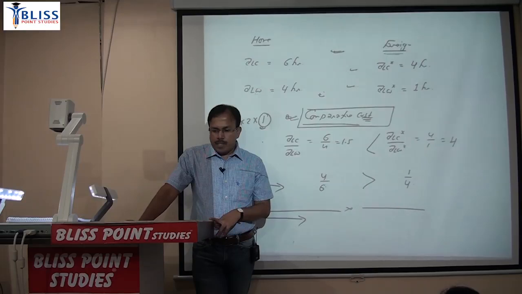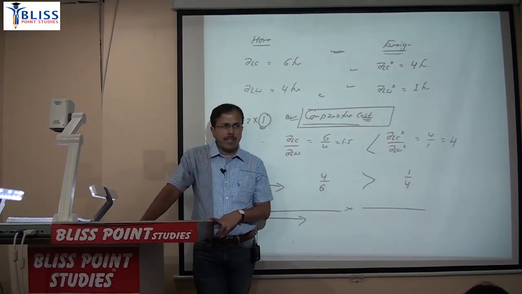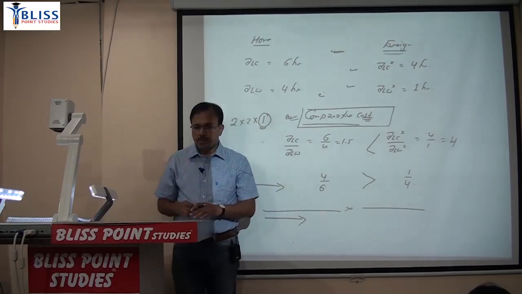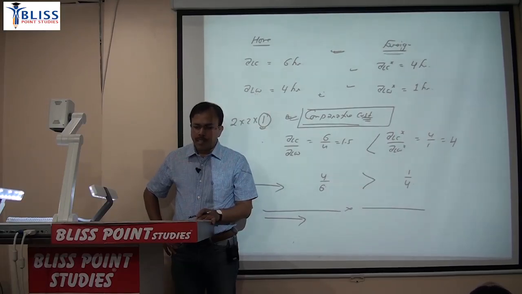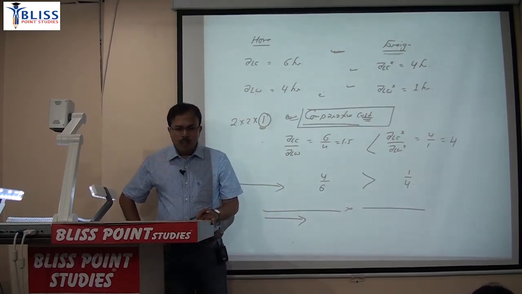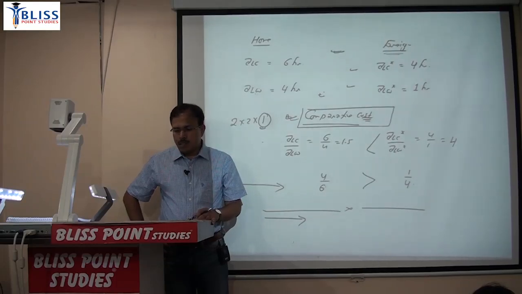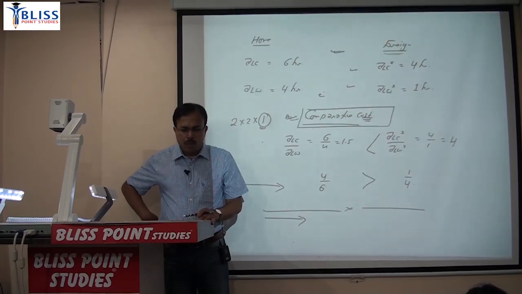This model of international trade is also referred to as the 2 by 2 by 1 model.